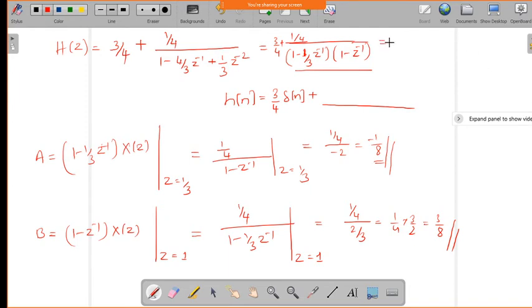Okay, so this we can write as 3 by 4 plus minus 1 by 8 divided by 1 minus 1 by 3 z inverse plus 3 by 8 divided by 1 minus z inverse.